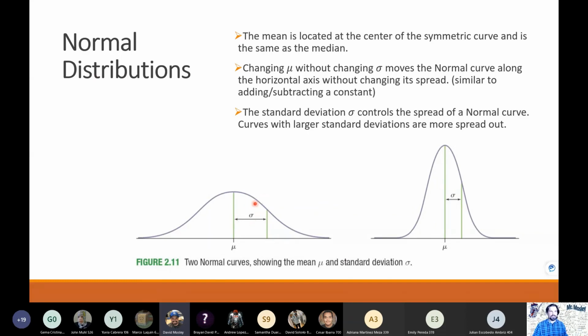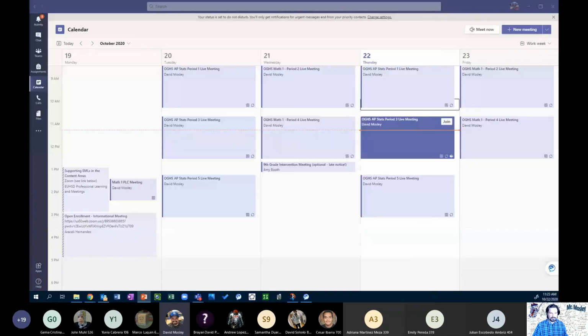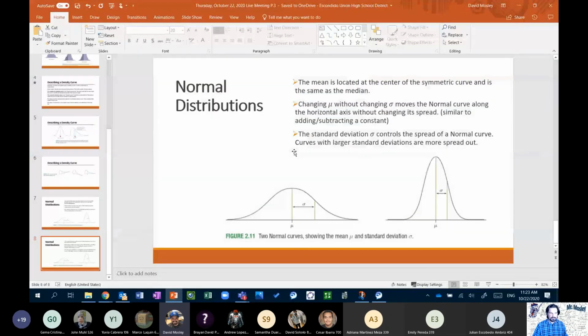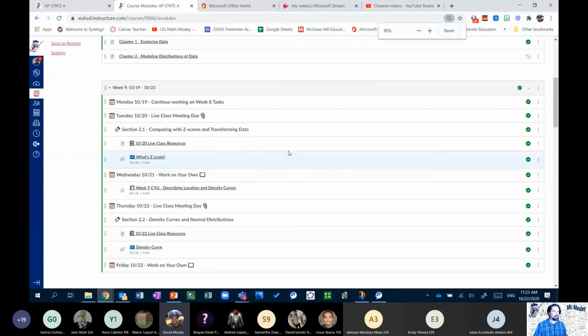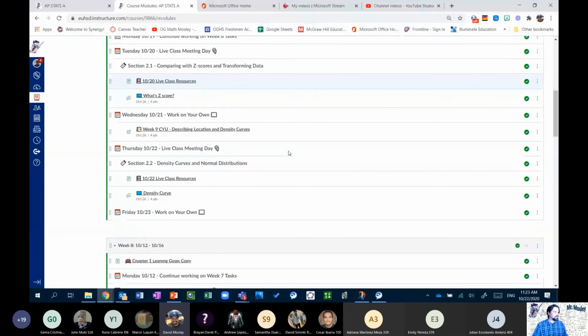I just want to go and look at one thing in Canvas with you guys. That worked. Okay. That's super tiny. All right.